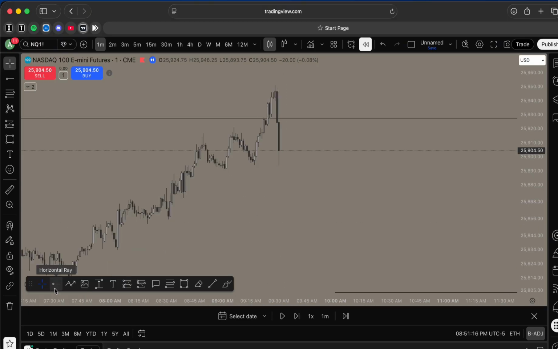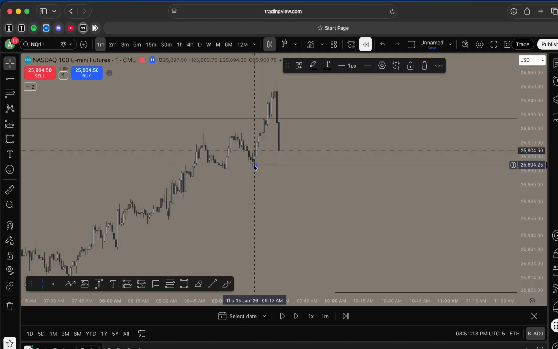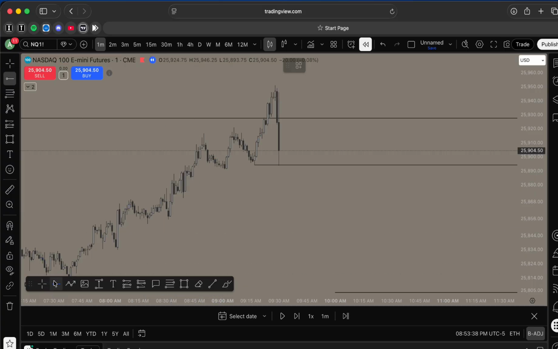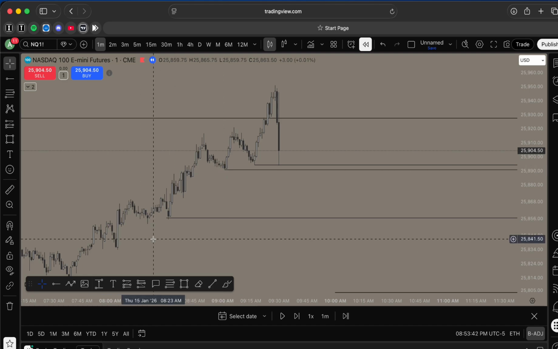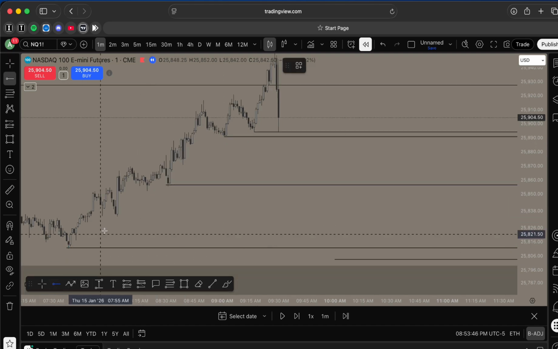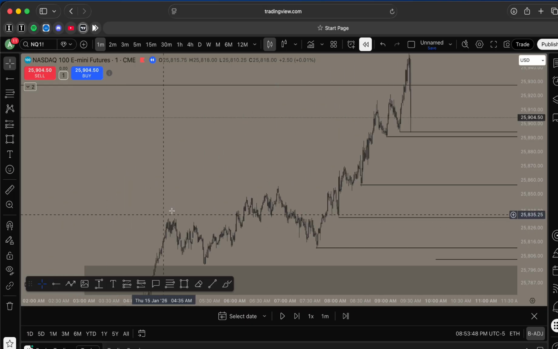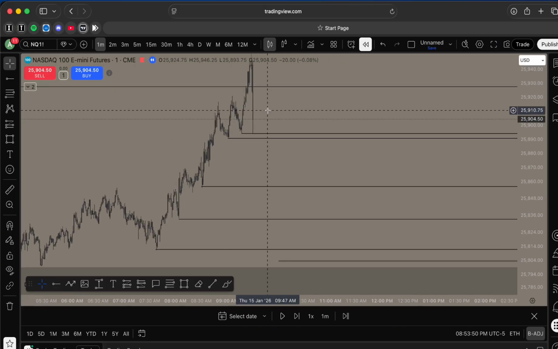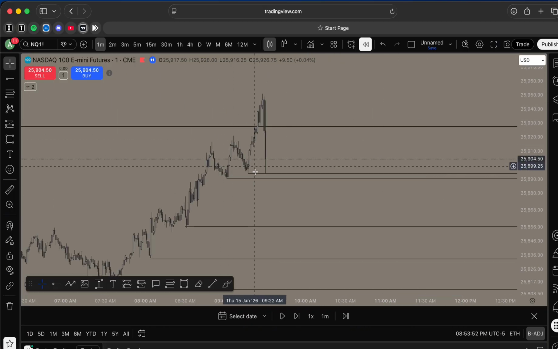I had marked out all these lows right here. Market opens, we have all these internal lows marked out. This was the main low that I was looking for. Market opens, we take these lows out.